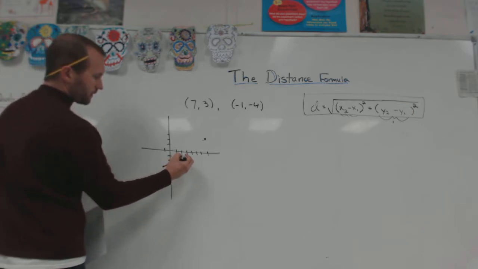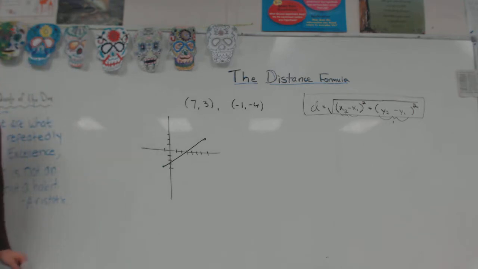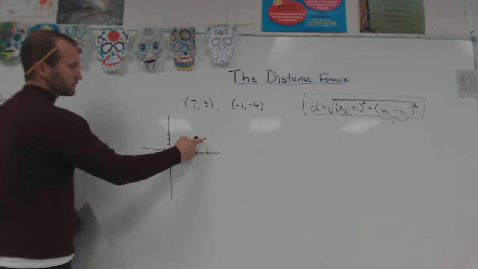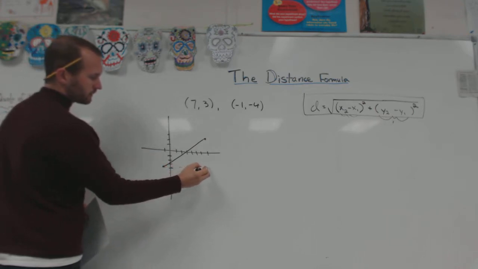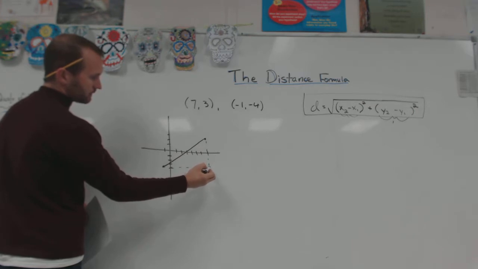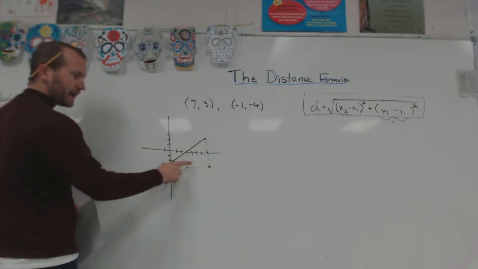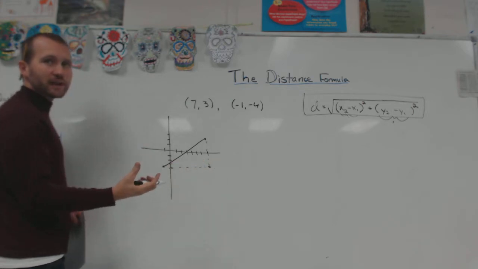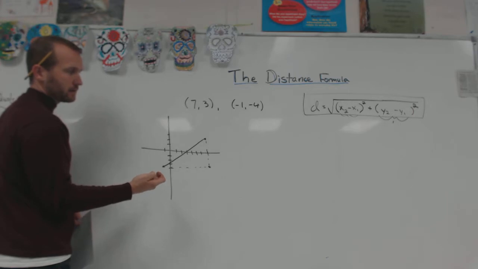So we want to know this distance, that straight line that connects those two points. We need to know this length, and we need to know this length. This length here, the x length, the change in x, is another way of thinking about that.